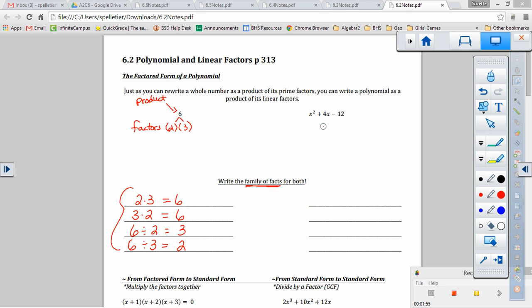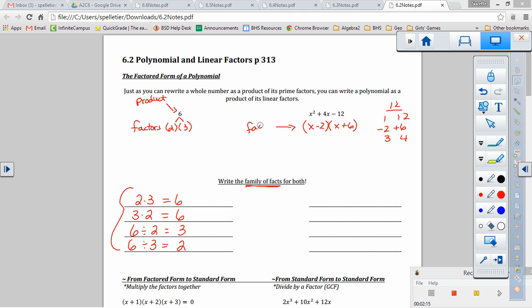So the example we have is x squared plus 4x minus 12. If I factored it down, remember factors of 12 are 1 and 12, 2 and 6, 3 and 4. And so I would do positive 6 and minus 2. Right? These are my factors.